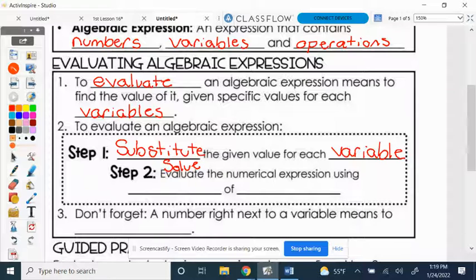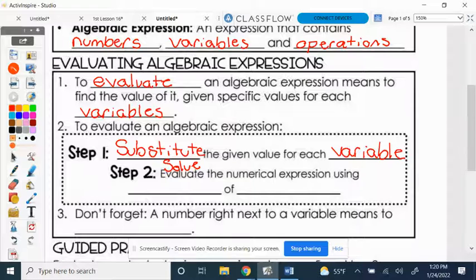What are the steps that we remember, the certain order to solve things in? They're called something. So all we did was say that evaluate means to solve, and it says to solve using something.